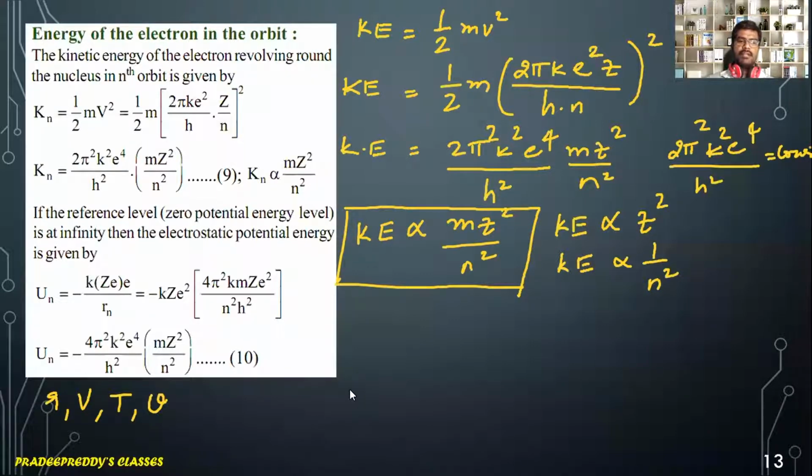Next we can derive the equation for potential energy. We know the potential energy between two charged particles, U is equal to K into Q1 into Q2 divided by R. This is an equation you will be learning in electrostatics.